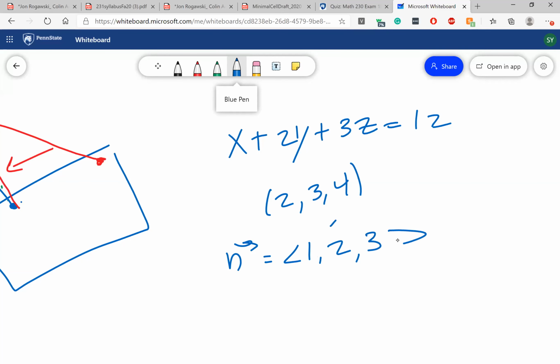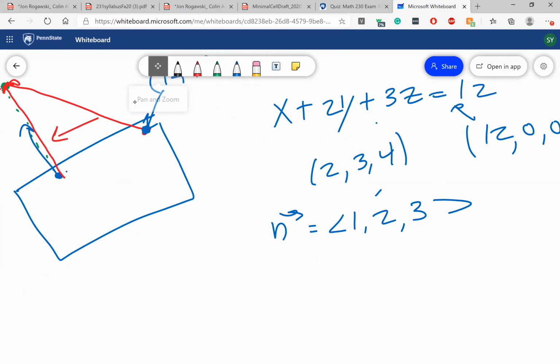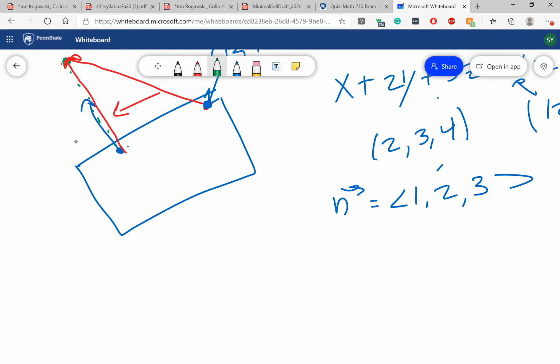And let's find a point on this plane. So we can just take x to be 12. So a point on the plane, we can say 12, 0, 0 is a point on this plane. So that's this point over here. This over here is the point 12, 0, 0. And then this over here is our normal vector that we just found.